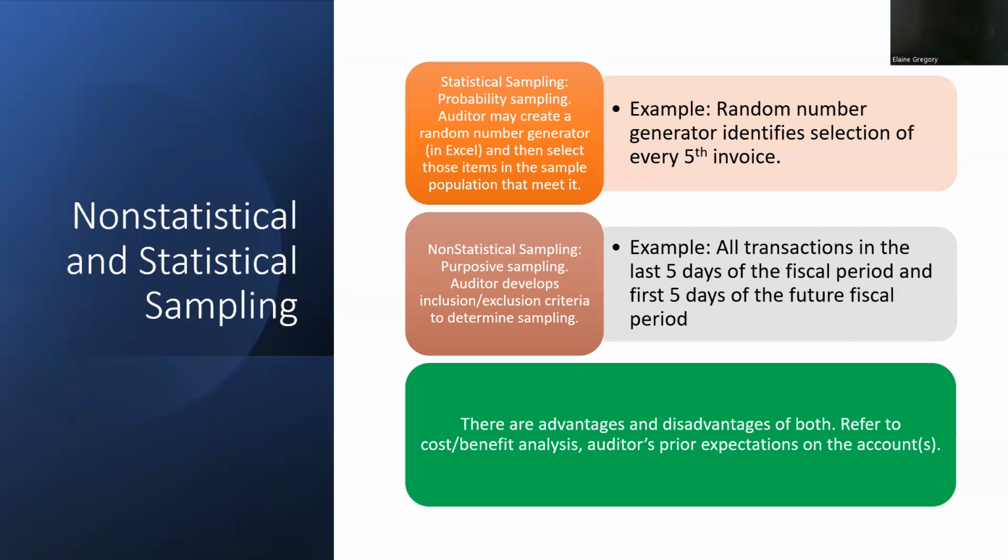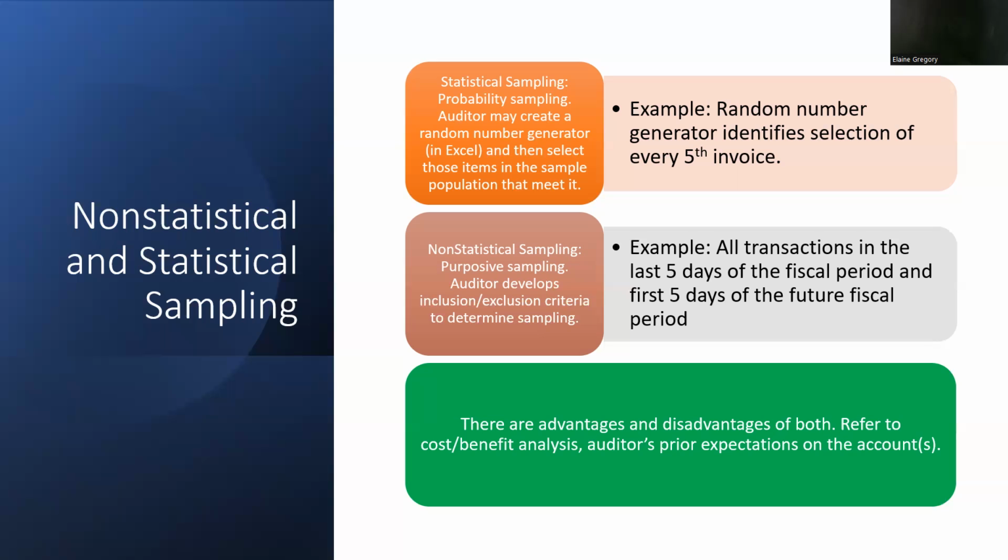Now, the other part is looking at non-statistical sampling, or what we call purposive sampling, where we are sampling not based on the randomness of the invoice that comes up, because in randomness, everything has a chance of being identified. In purposive sampling, we're looking at perhaps some specific criteria.